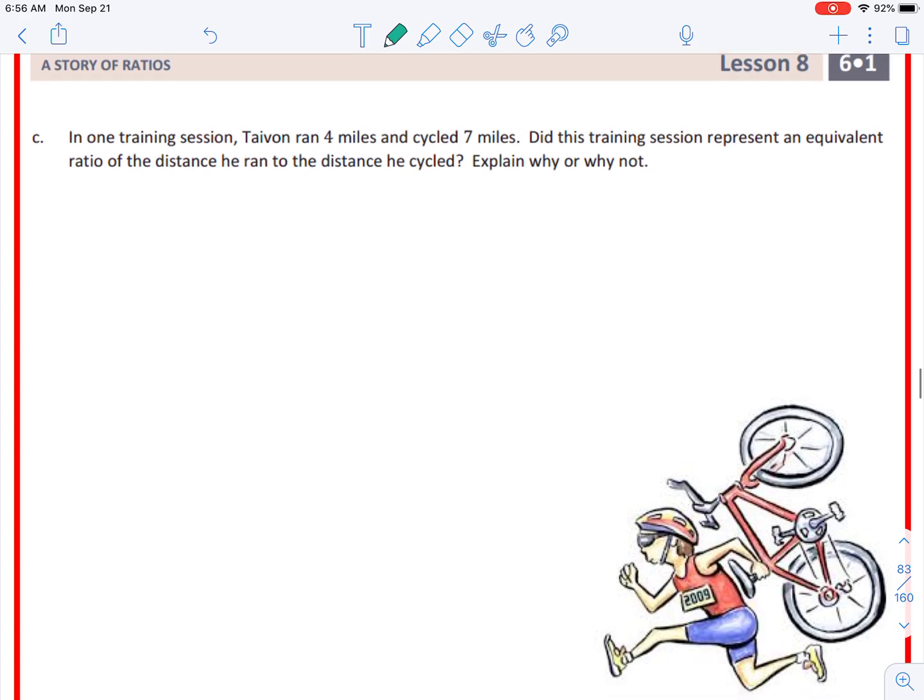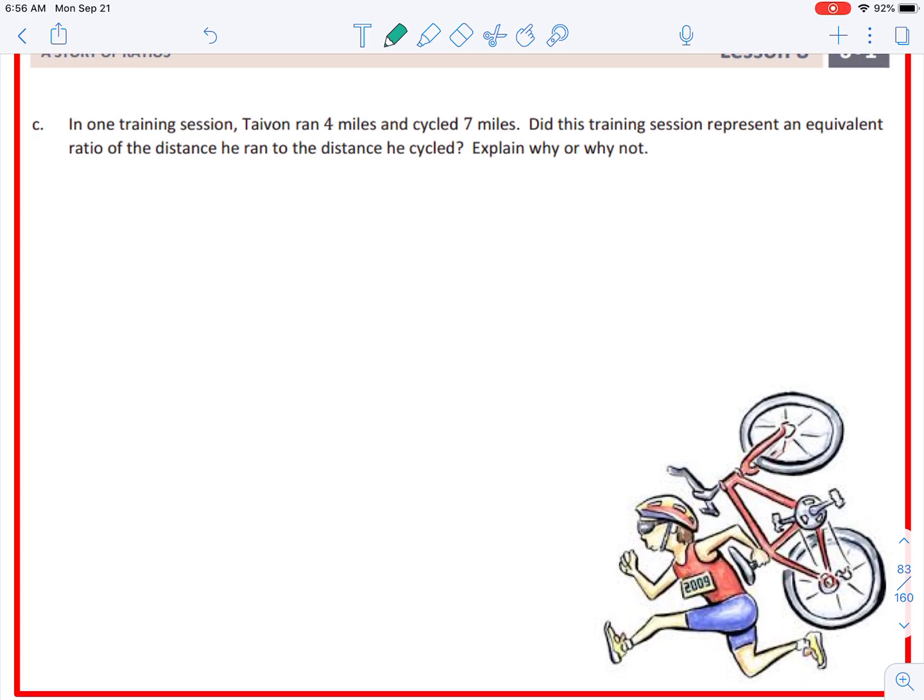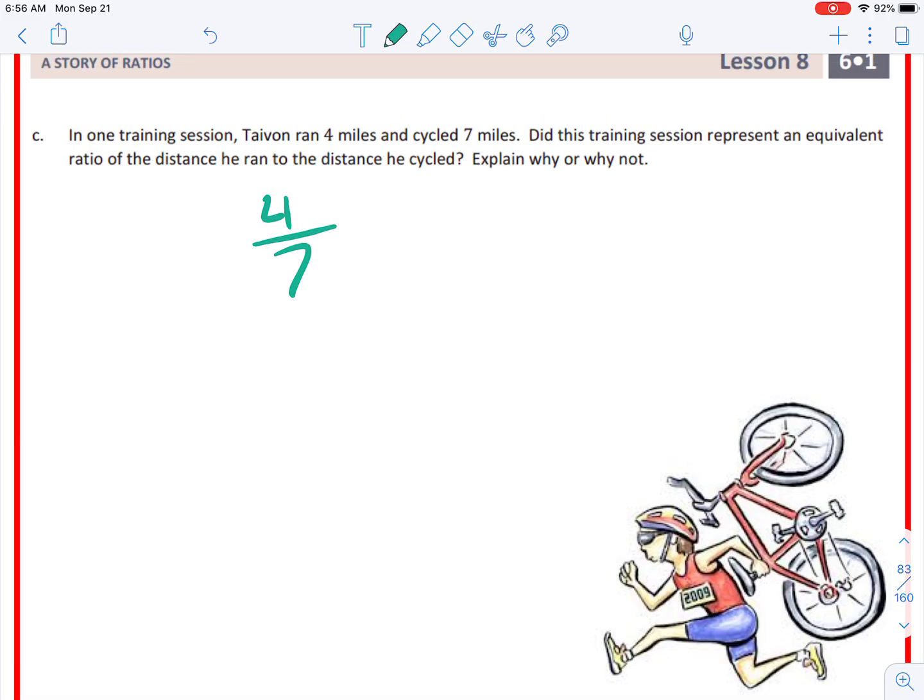Okay, letter C. In one training session, Tavon ran 4 miles and cycled 7 miles. Did the training session represent an equivalent ratio of the distance he ran to the distance he cycled? Explain why or why not. So 4 to 7. And now, the value we're trying to compare this to is 2 to 7.